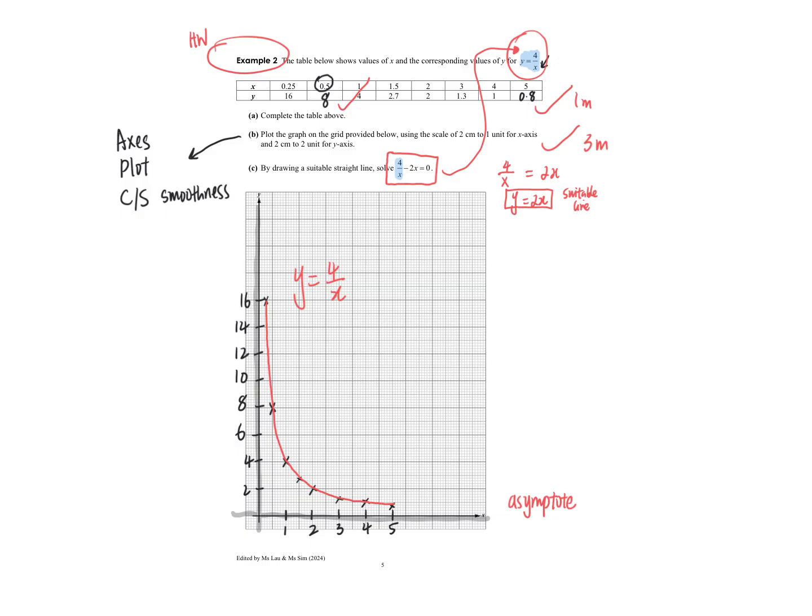Okay, next one, they say, can you draw a suitable line so that you can solve this? Okay, so yesterday we spoke about that, but let me redo this part. Okay, so this is the question that they want you to solve.